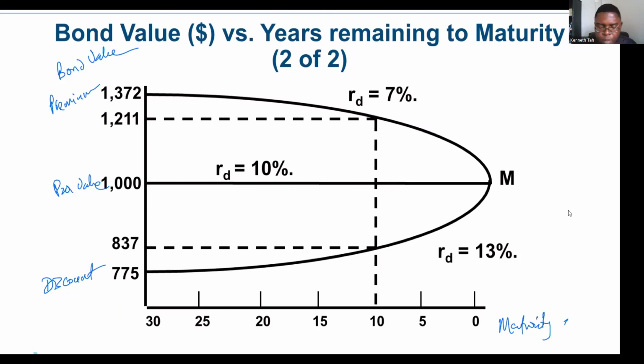So even for the premium bond, as maturity is approaching, the bond value gets closer and closer to the par value. And for the discount bond, as maturity is approaching, the bond's value gets closer and closer to the par value. All right?